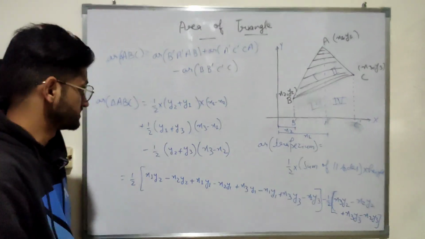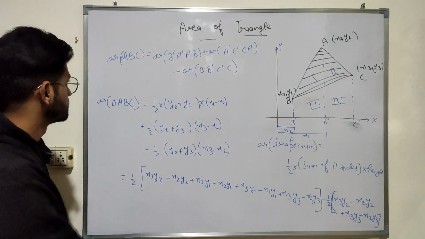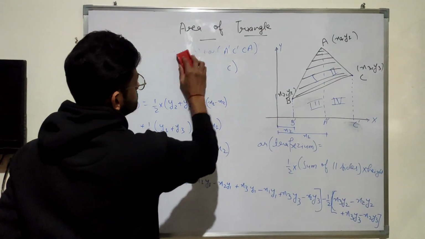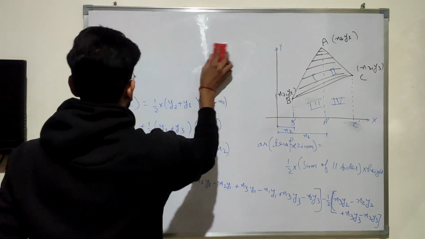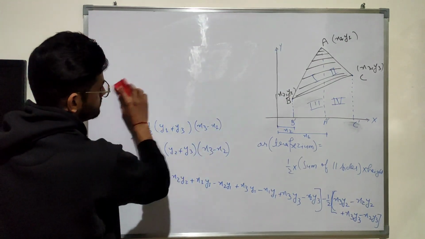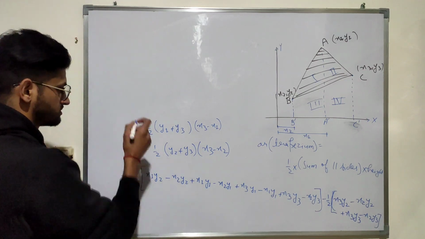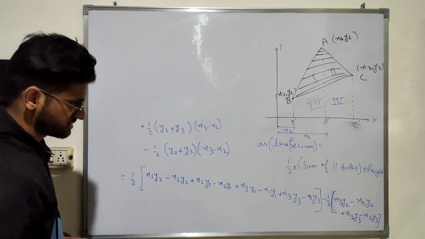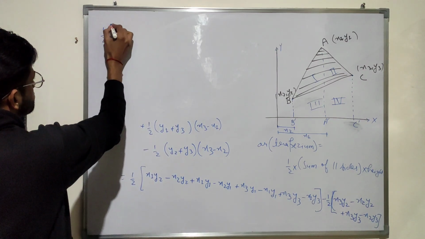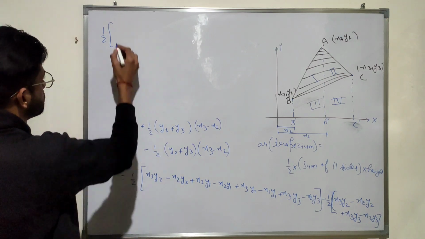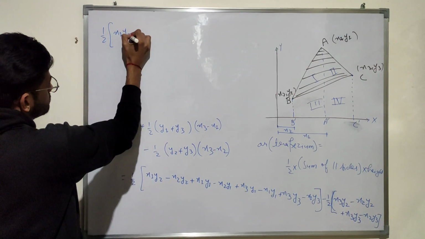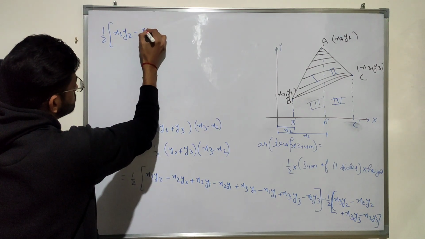So after simplifying, let's see what happens. I'm removing this portion. From here we can see we are getting half of x1y2 minus x2y2.